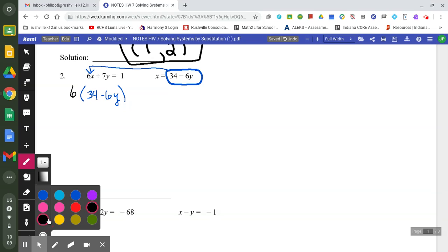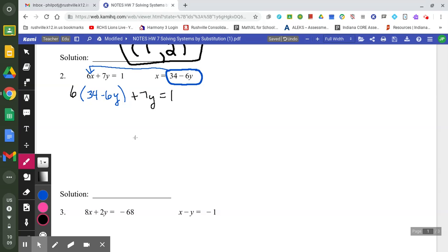And then, so that took care of the 6x. Then I have plus 7y equals 1. And then I have to simplify that line.